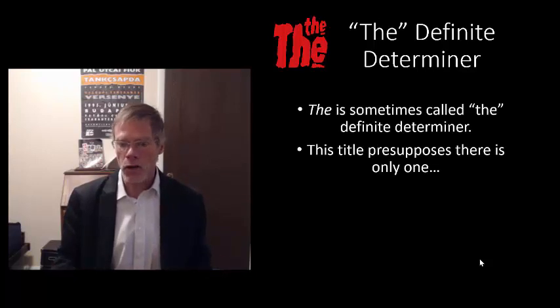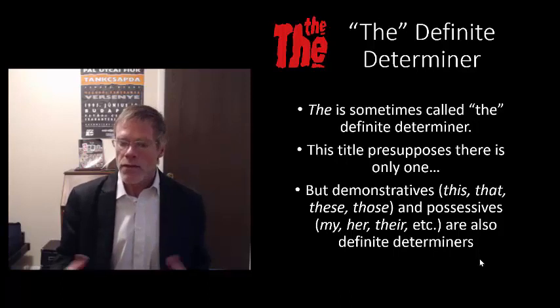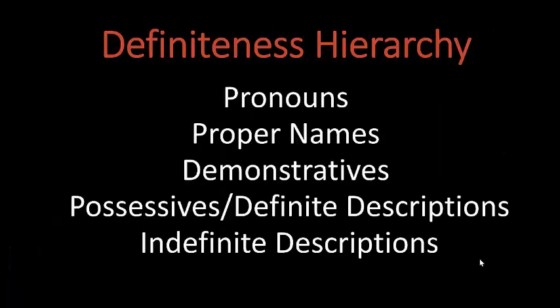However, that title of the definite determiner isn't quite right because it presupposes that there is only one definite determiner, but demonstratives, as we've just seen, like this or that, these, those, and possessives like my, her, their, etc., these also act as definite determiners.